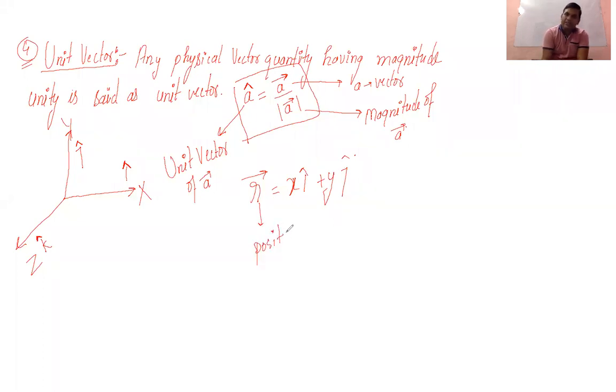The position vector specifies the position with respect to the origin. So along the x-axis it travels distance x, and along the y-axis it travels distance y. The person will be here only. This will be its position vector. How did we come to know? We came to know with the help of these two unit vectors.